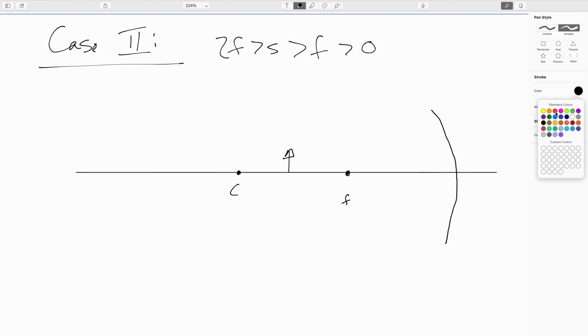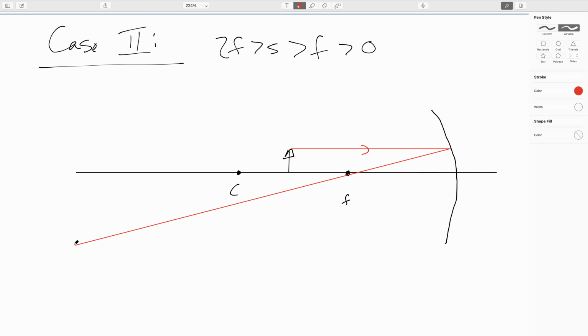And again, in case 1 and case 2, we can use the exact same 3 special rays the exact same way. For the other cases, we'll have to modify some of these things a bit. But the paraxial ray will still reflect out through the focal point.